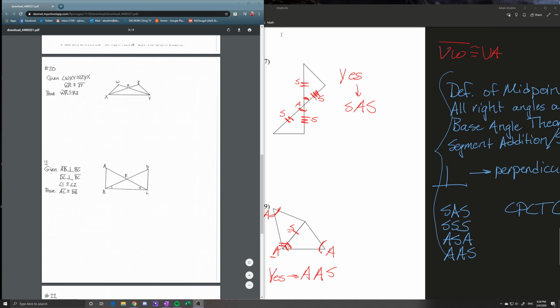I would try and prove that those two triangles are congruent and then see what you can do with that information. This is going to be a lot like the ones on IXL. It just is a little bit more distorted.